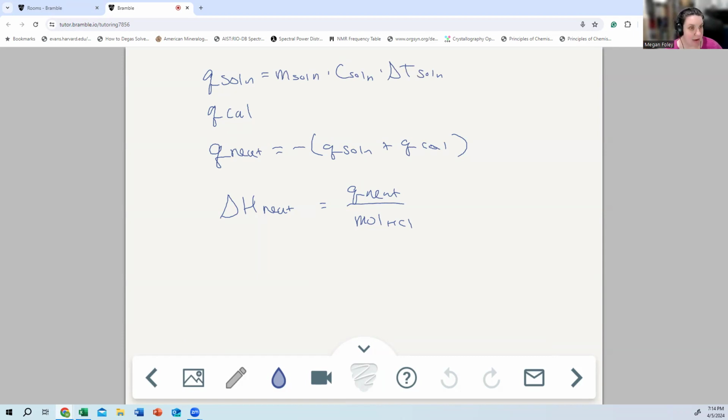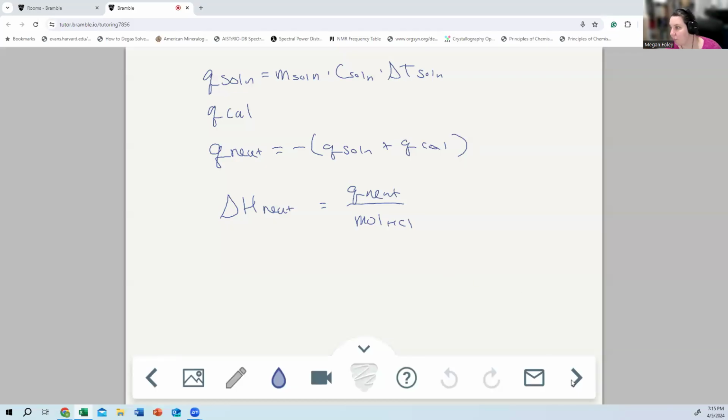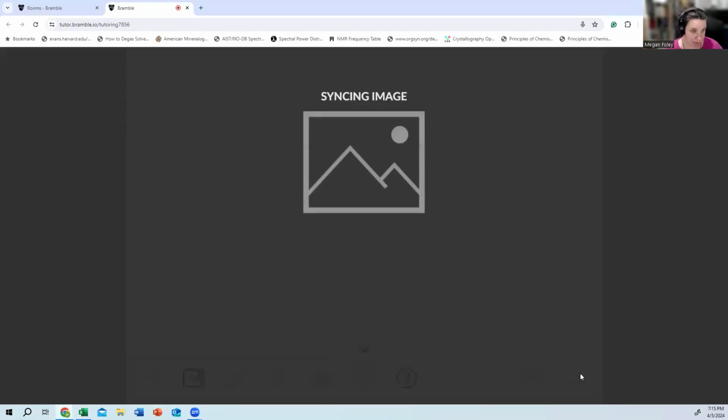If we have different initial temperatures for our acid or our base, we will use the average between those values. Okay, so let's look at that graph. Bring it back up so we can actually see what values we'll be using.